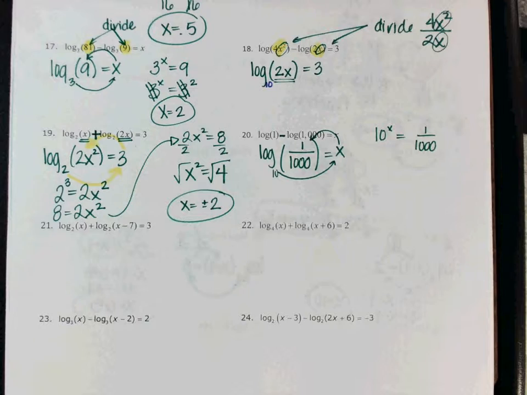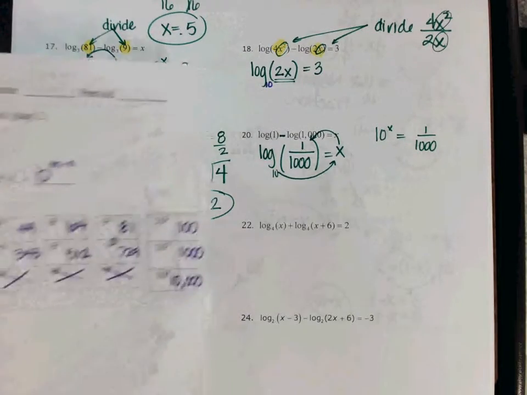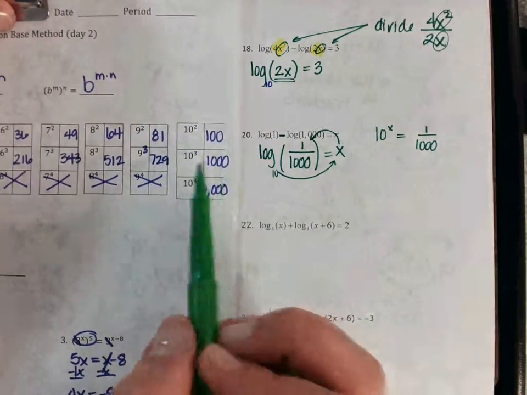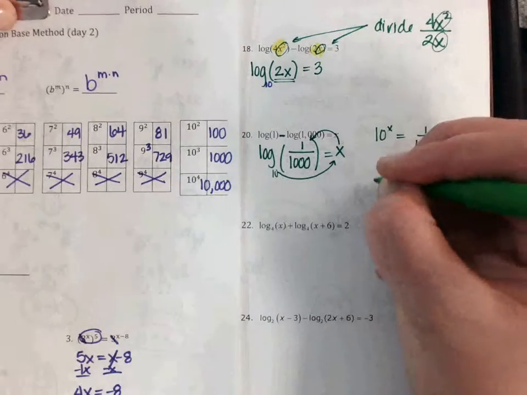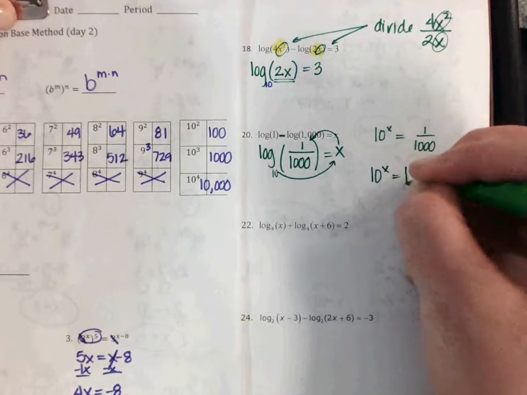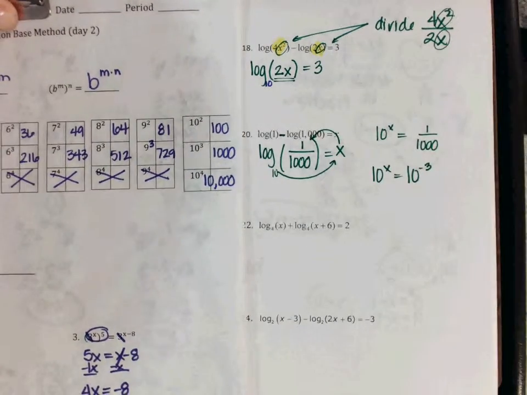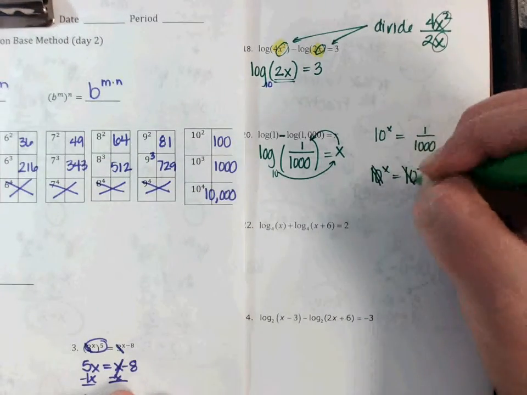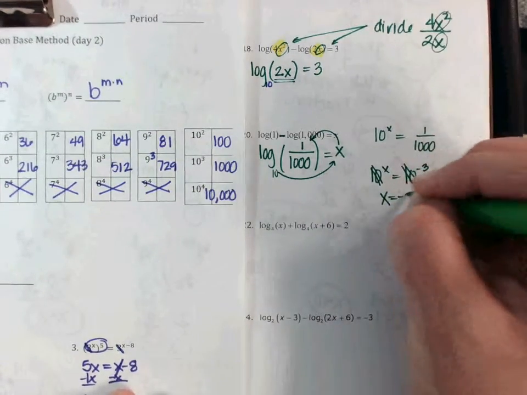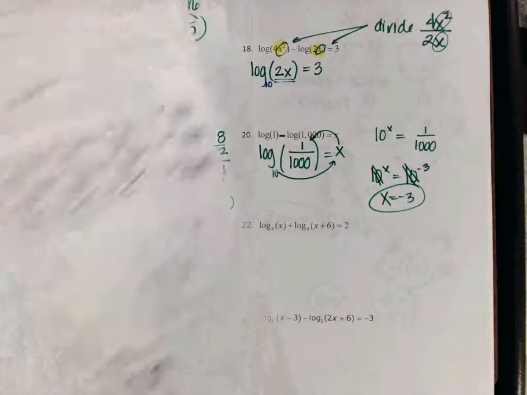And if one of your sides is a fraction, yeah, you'll just turn your exponent negative. Okay, so I'll put my little 10 chart right here. 1,000 is right here. 1,000's 10 to the 3. So then I'll change it to be 10 to the negative 3. Good. Okay. And then when your 10's cross out off both sides, x is going to be what? Good.